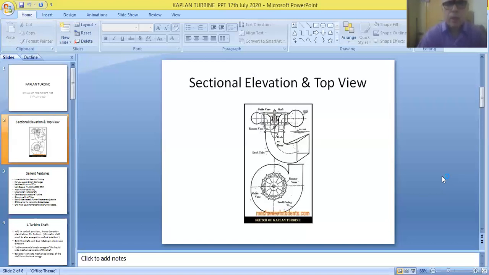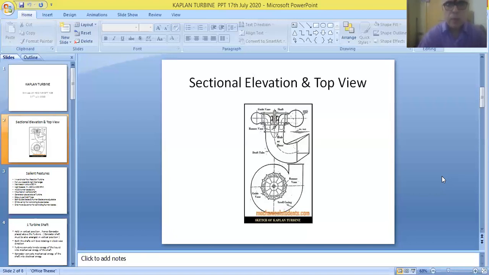And finally, it will be taking a less amount of energy present in the liquid. So therefore, it is called a low head turbine, and it will be taking water in more quantities for power generation. So it is called a high discharge turbine.